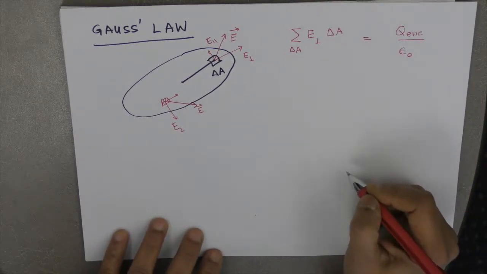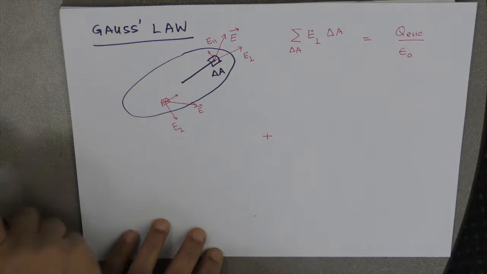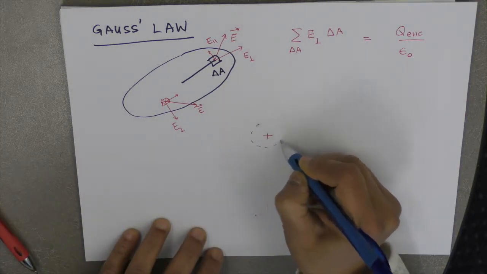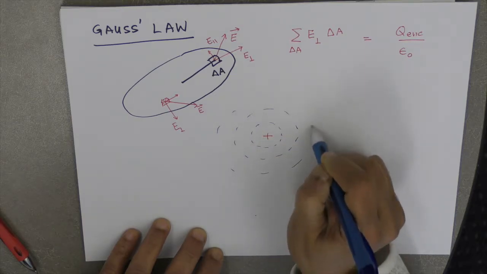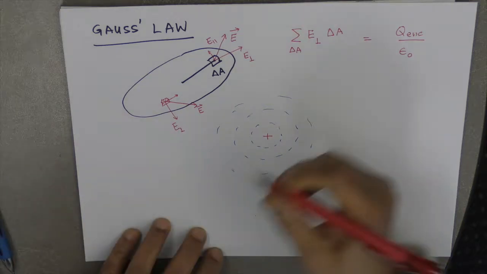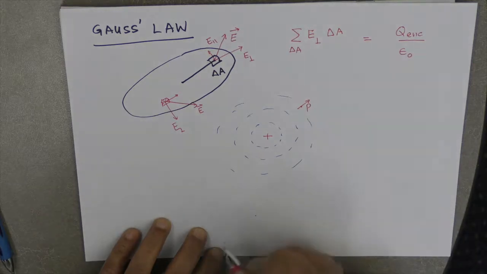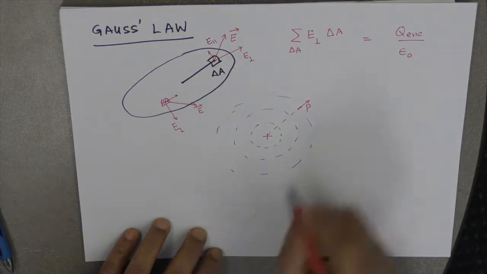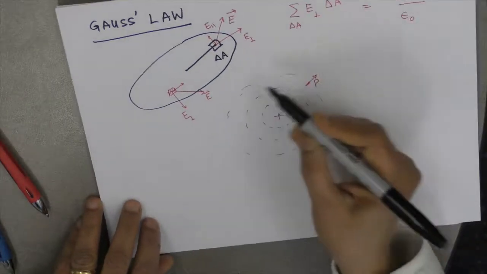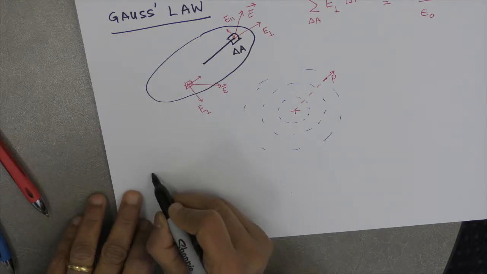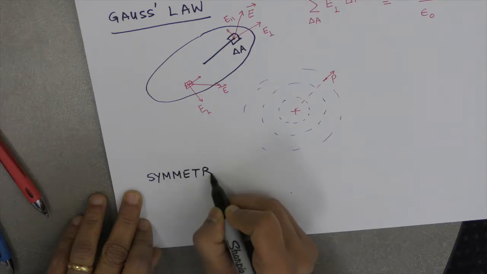So let's apply this to a positive charge. If I have a positive charge here, we have already seen that it creates these contours of constant potential, and the electric field at any point P here points radially outward from that point P. So if I take my Gaussian surface, this is an important point of using Gauss's law: if you can use symmetry, you can greatly simplify the calculation.